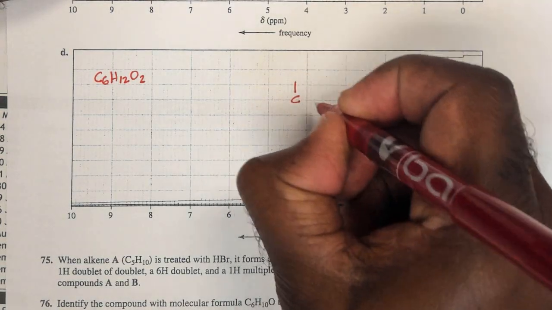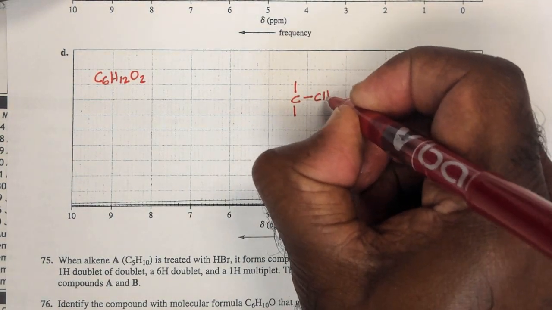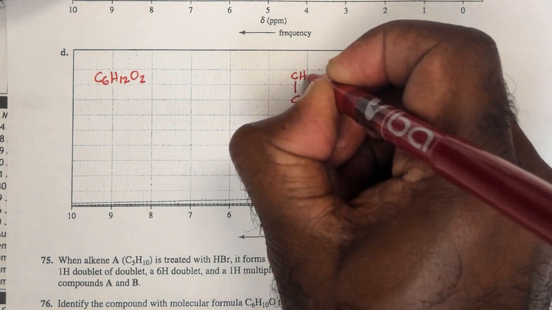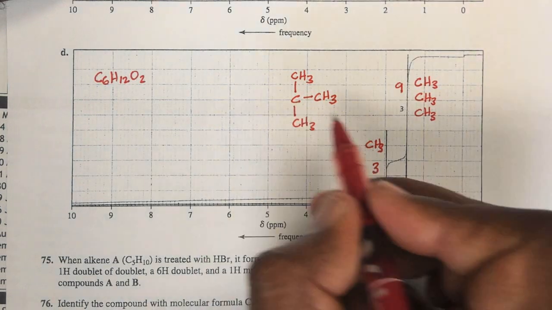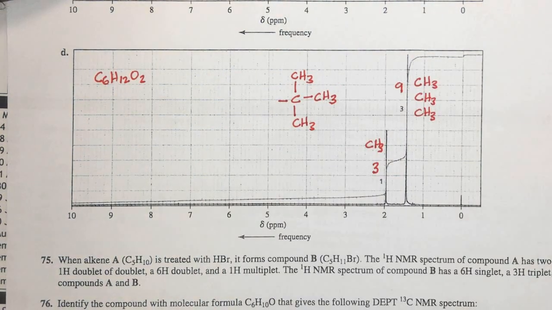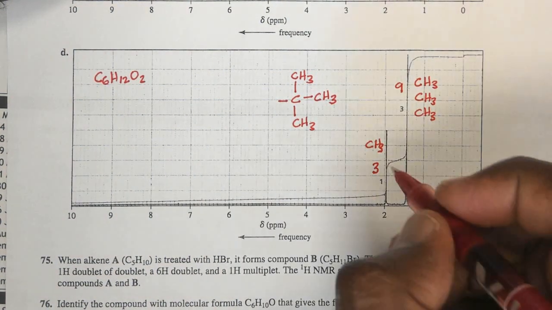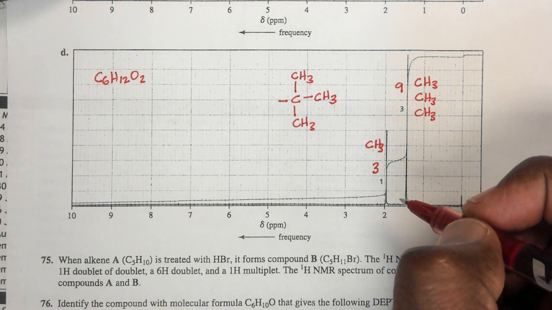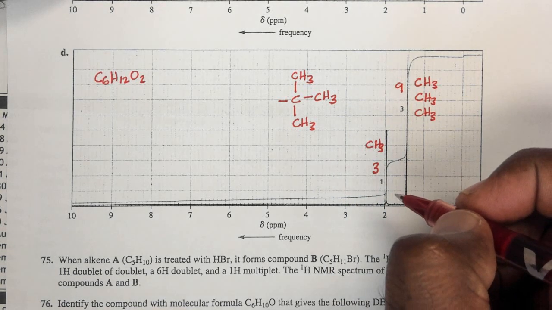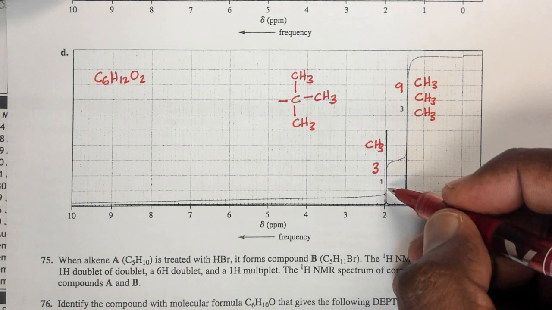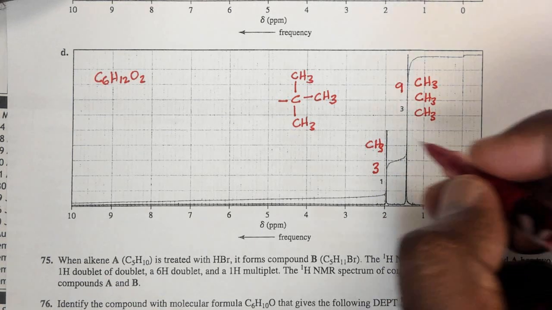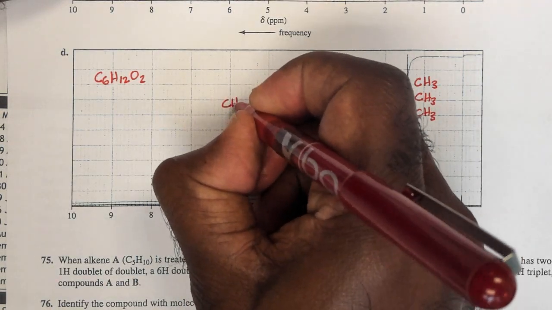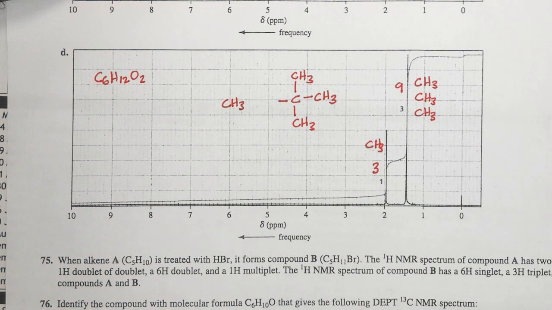So let's put the 3 groups next to a carbon atom because they're not next to a protonated carbon, so there must be something else here. The CH3 group must also not be next to a protonated carbon because it's a singlet, so I can put the other CH3 group here.